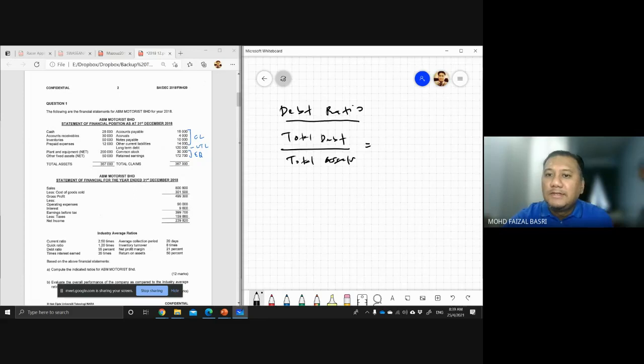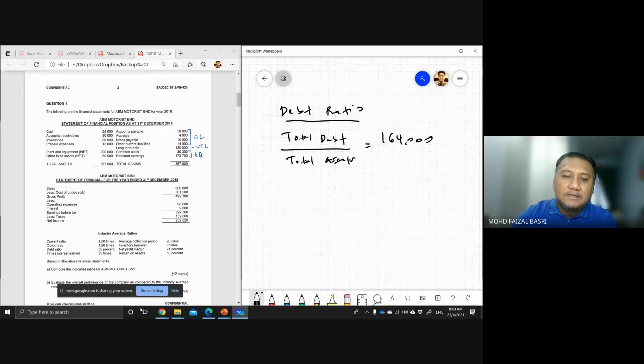So the total debt would be 164,000. Where do I get this 164,000? From 16,000 until 120,000. So you sum everything, the current liabilities plus the long-term liabilities, to get the total debt.